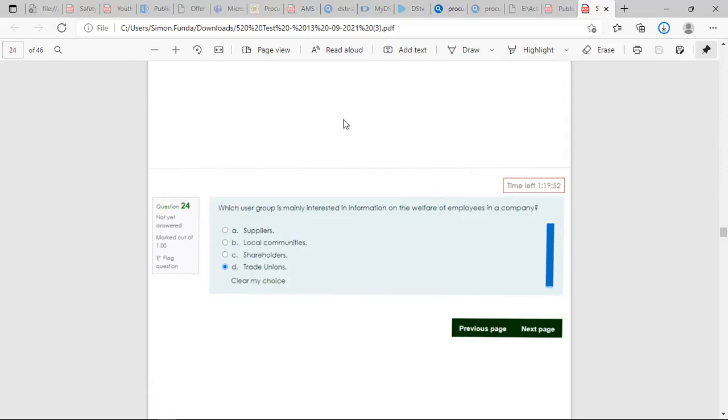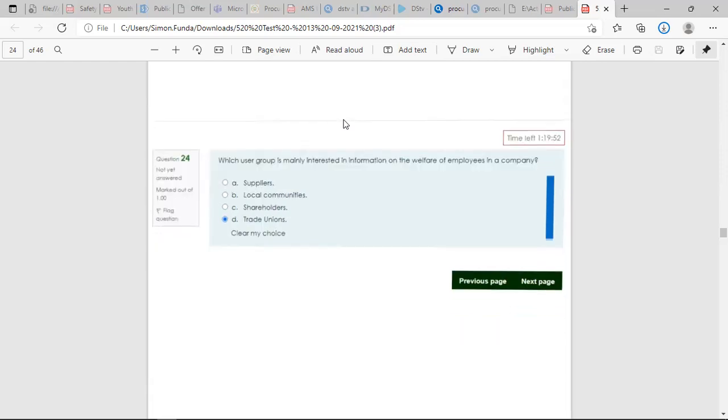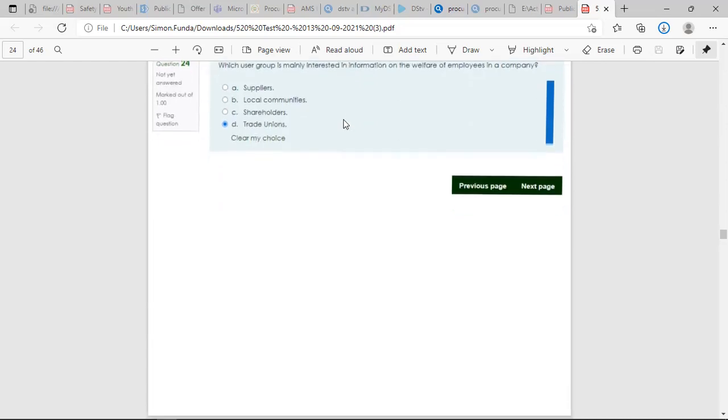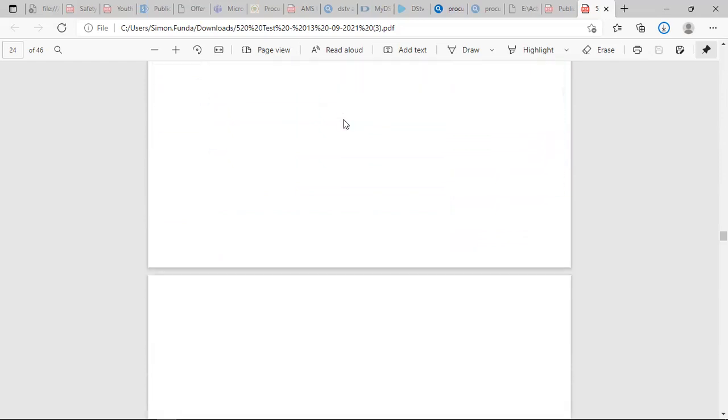So the trade unions are interested in the welfare of the employees, of course, because these employees even make contributions to these trade unions so that the trade unions are able to negotiate good salaries, good conditions of service for the workers, good working environment.